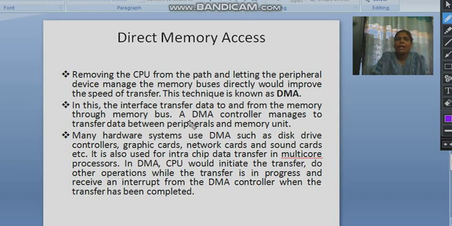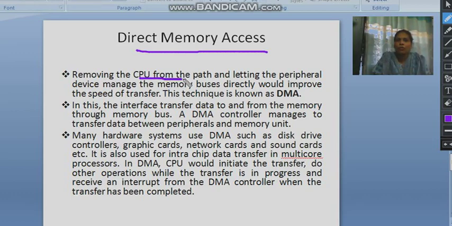So lastly, there is a third mode of data communication, and that is DMA. The full form of DMA is direct memory access, and in this we avoid the intervention of the processor in the IO activity.